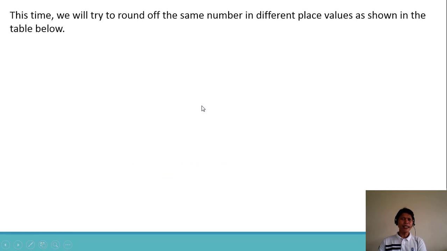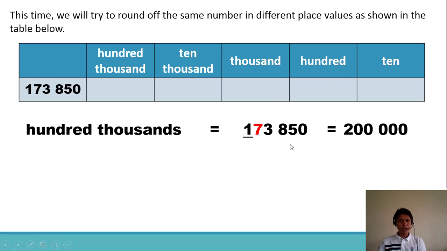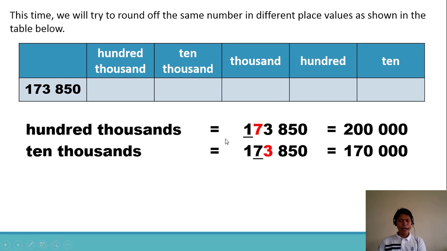Okay? This time we'll try to round off the same number in different place values as shown in the table. The same number, 173,850. We are going to round off to the different place values. Let's start with 100,000s. We have discussed already a while ago, it is 200,000. Next is the 10,000s place.